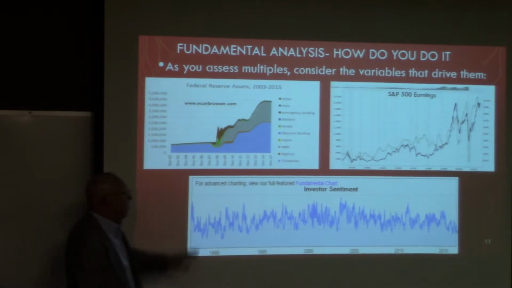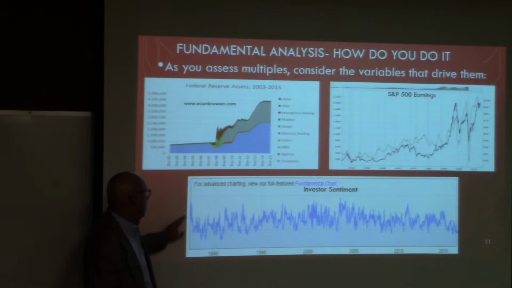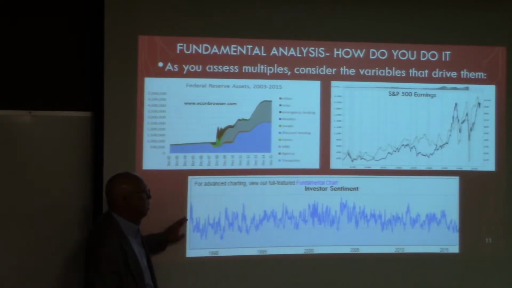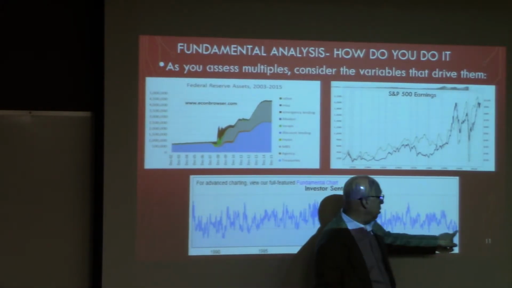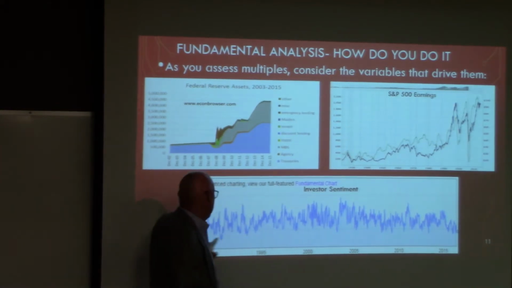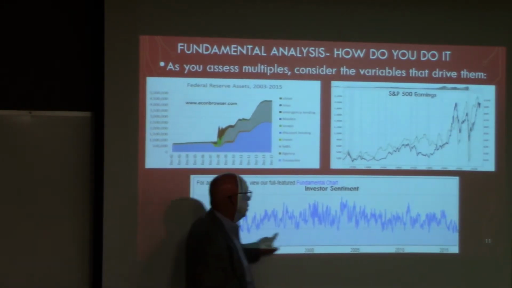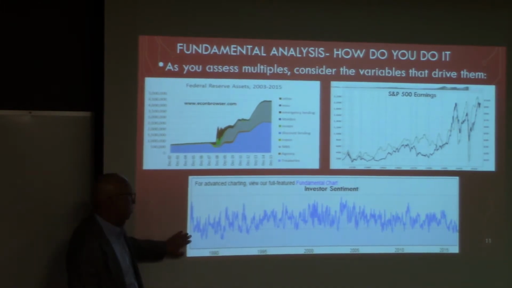Then we had investor sentiment. This is investor psychology, optimism. Above the line is positive, below the line is negative, and you can see that going into the presidential election, investor sentiment was actually very negative, below the line, which doesn't happen that often.